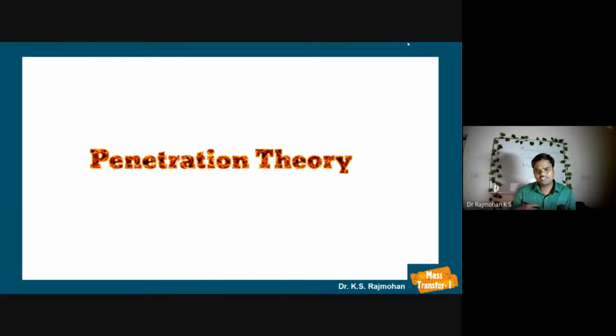We introduce some, these are all mathematical models for our mass transfer. So it's again actually modeling of the experimental system. Actual data is there. From the data we try to fit it into a model equation. y equal to mx is a simple model equation for two parameter system, x versus y data, right?